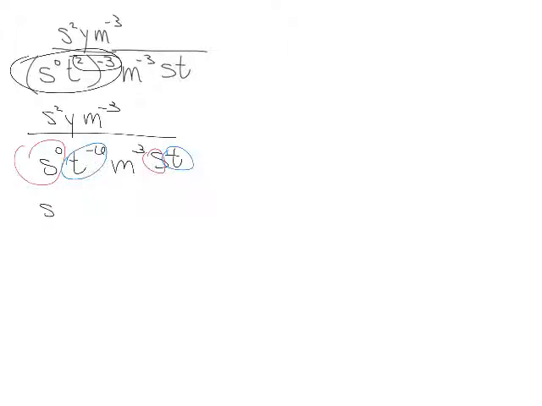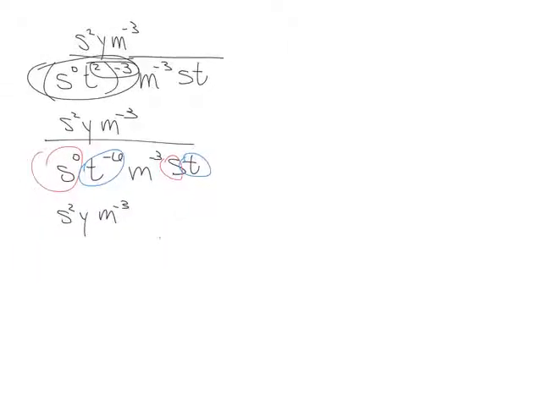And again, we'll leave the top alone. And on the bottom, we have s to the 0 plus 1. So that gets rid of that and that. We have t to the negative 6 plus 1, because there's a 1 up there. And then we have m to the negative 3.